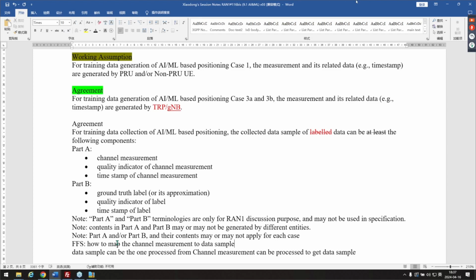In my understanding, it is just how to link the data sample to the channel measurement. So basically, what is the meaning of raw channel measurement? That itself needs to be defined. When we are talking about raw, it is hard to define.